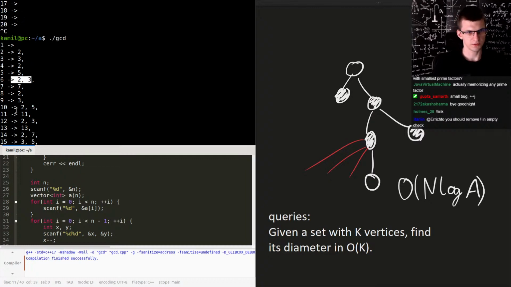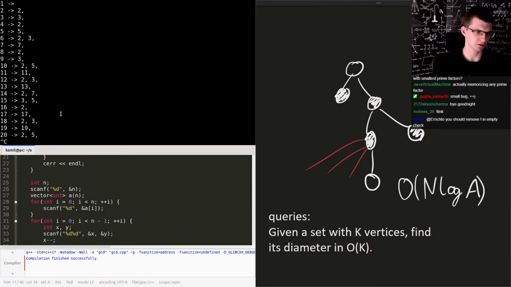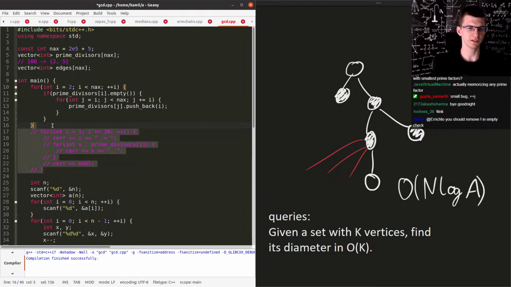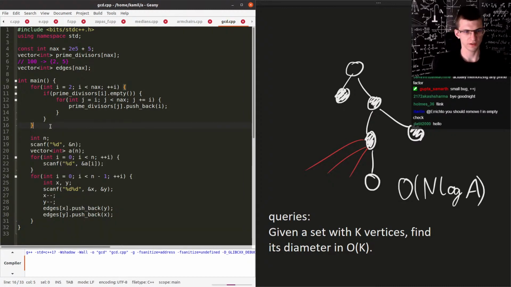For 6 it's 2, 3, for 10 it's 2, 5, for 16 it's just 2. Yeah, looks good to me. I should remove the exclamation mark. Yep, you're right, I noticed that too. That's unnecessary, so I will just remove it.